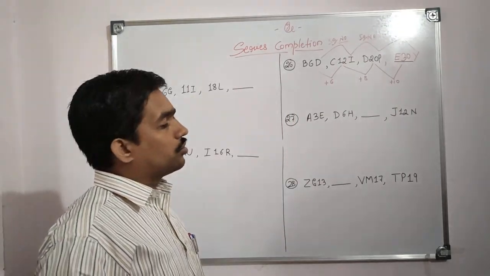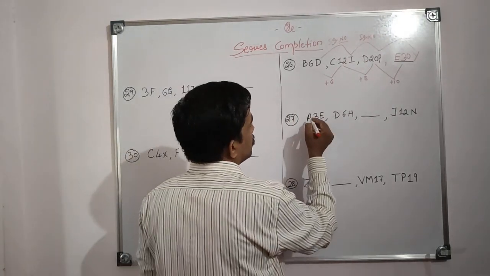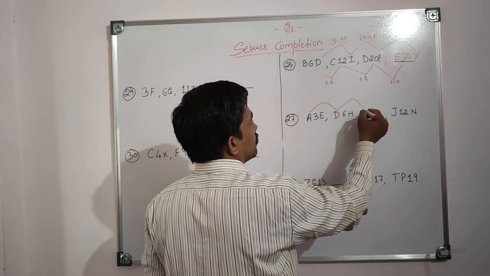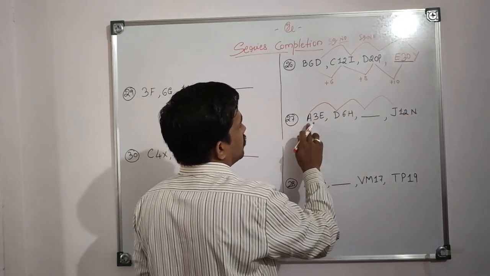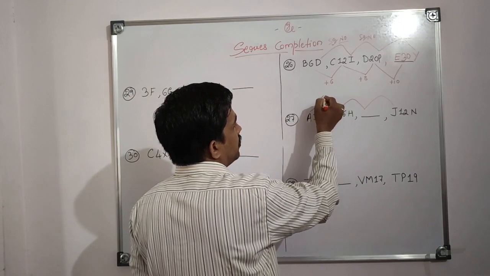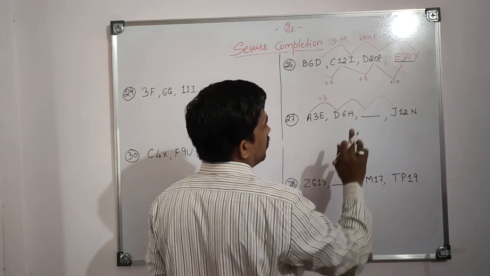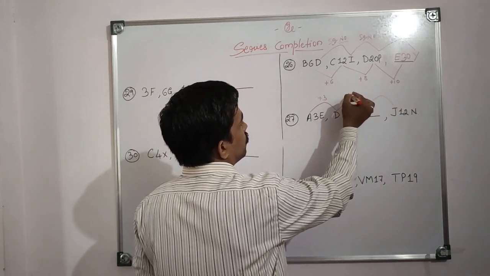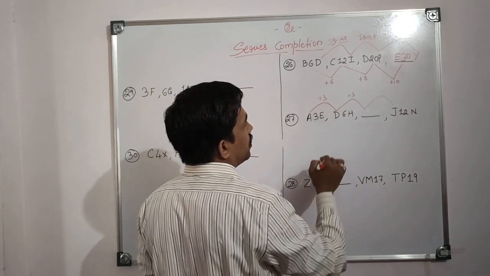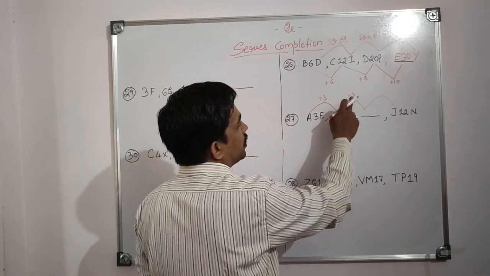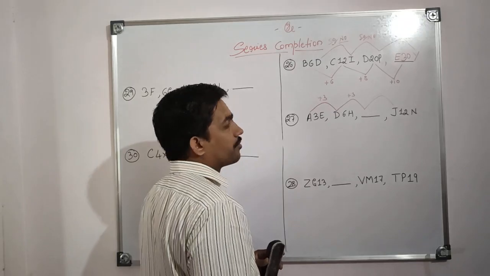And then coming to this question. A to D is plus 3, and for the next ones we don't know, so we can do plus 3 here also. If D is 4, D plus 3 means 7.